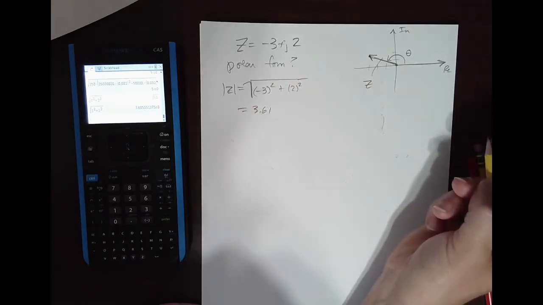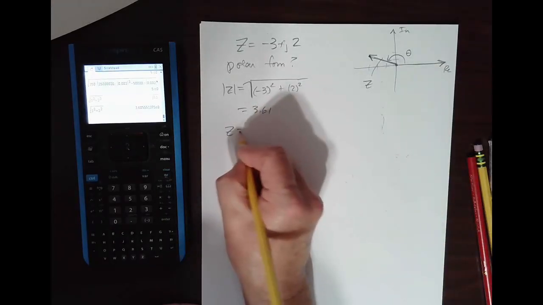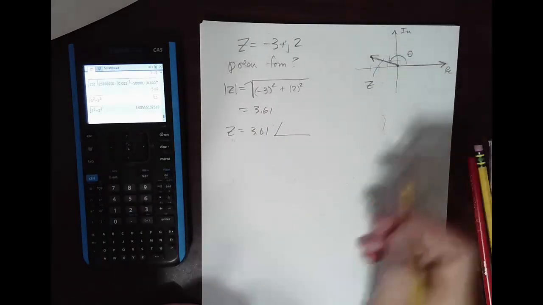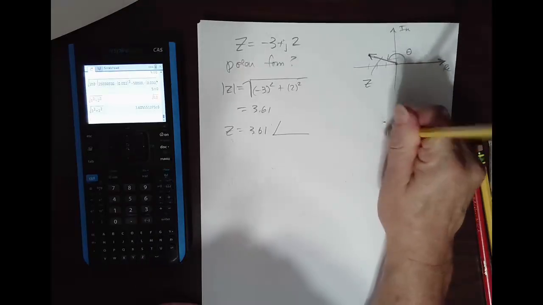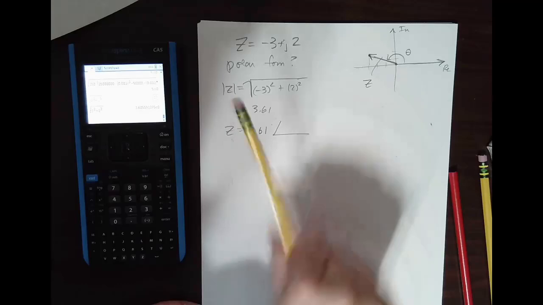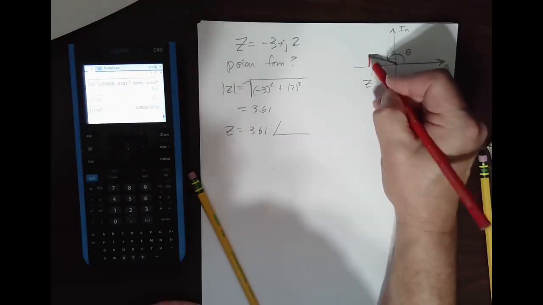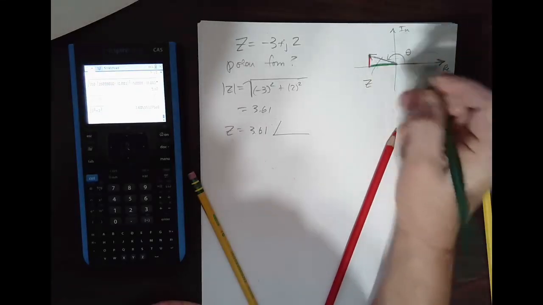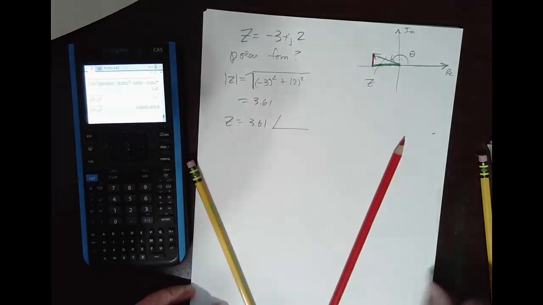That's 3.61. All right, so z is going to be 3.61 at an angle of something, whatever theta is. So how can we get theta? Well, let's go ahead and draw the triangle over here and figure out what theta is using this triangle.